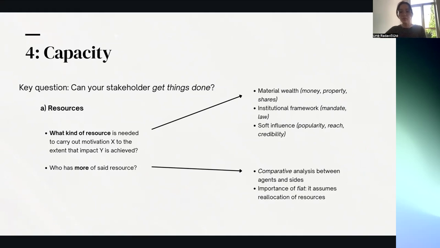So here, what I want to draw your attention to is that fiat is incredibly important. So especially in terms of policy, if a policy limits action to something very specific as opposed to keeping it widespread, then it probably presumes some sort of a reallocation of resources.